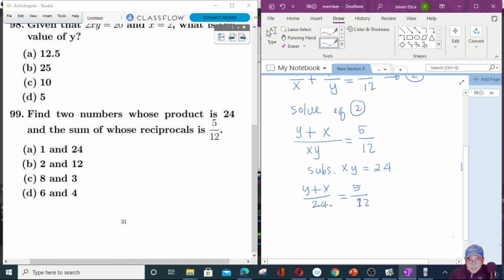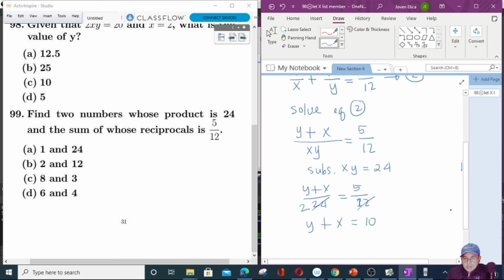By inspection, 24 and 12, before we cross multiply, we can get the simplified form. The common factor of 12 and 24 is 12, and 24 divided by 12 is 2. So 2 na lang yan. Then cross multiply: y plus x is equal to 10.